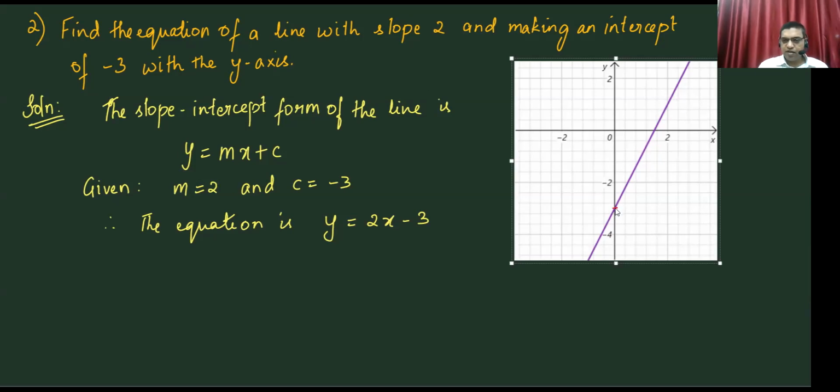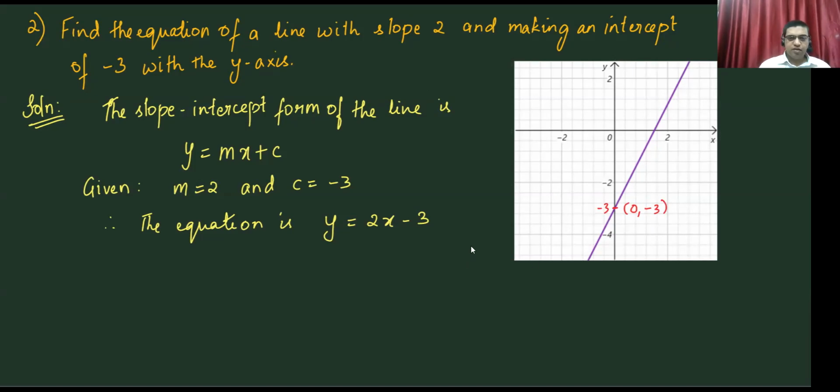That means it will pass through 0 comma -3. This will be the equation.